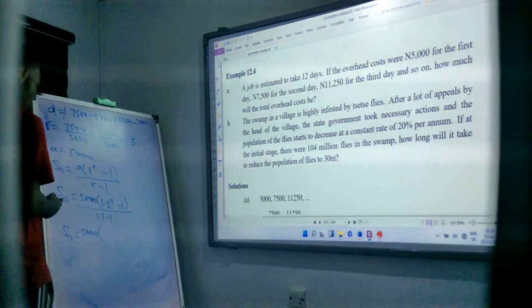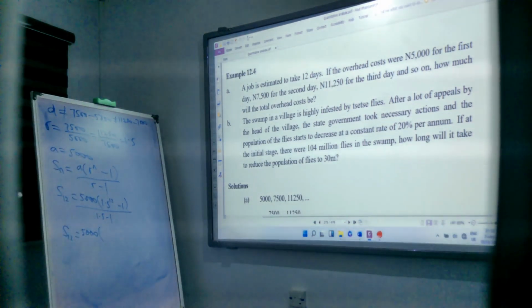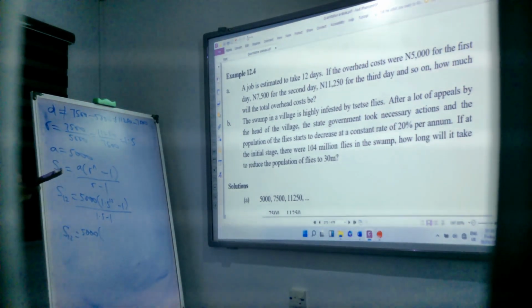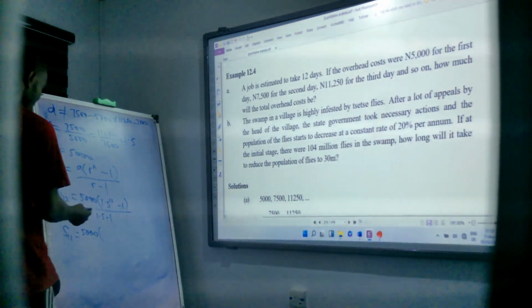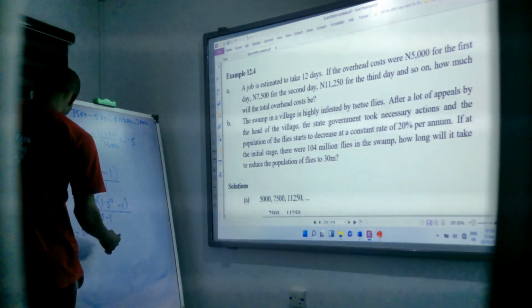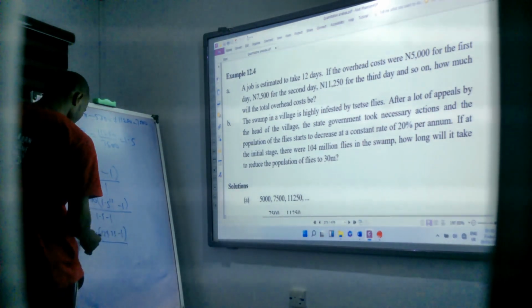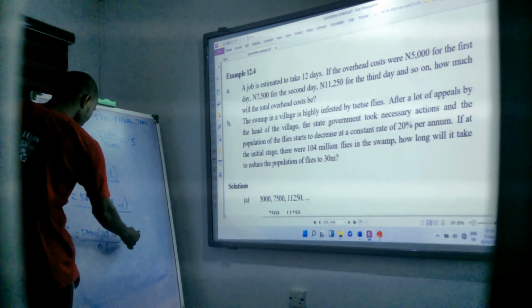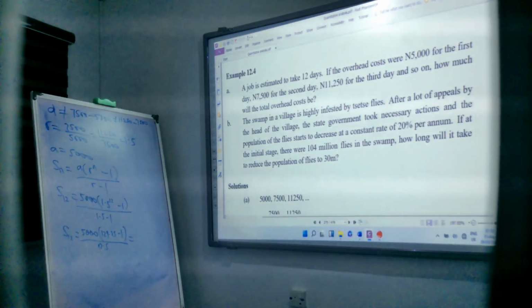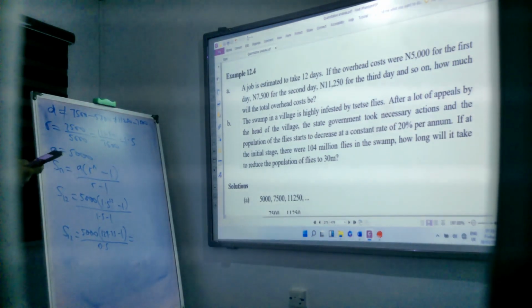So we say the sum of the first 12 terms is 5,000 times, what is 1.5 raised to power 12? You subtract 1. So 1.5 to the power of 12 is 129.75, minus 1, divided by 0.5.